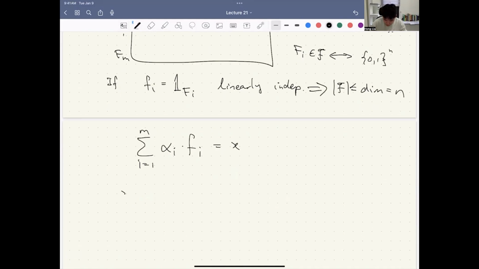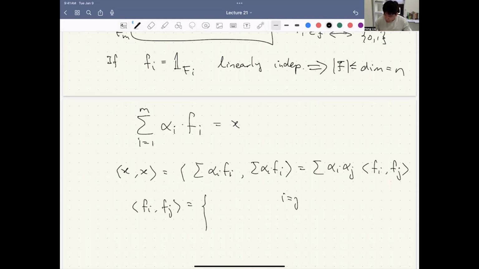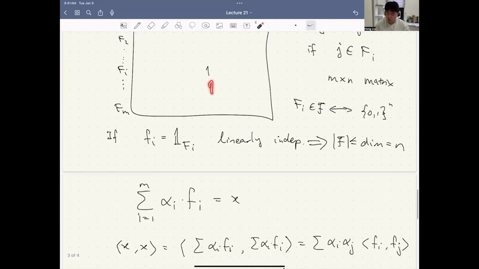So if you look at the inner product with itself, what is this? It equals the sum of alpha i alpha j times the inner product of fi and fj. But what is fi, fj? If i equals j, that's easy. It's the same set, so you have ones at the same positions.